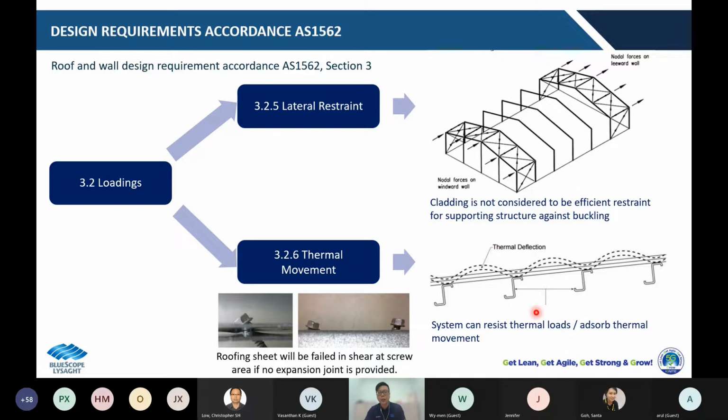So in other words, if you have an inlet area in the screw-fixed cladding, but it does not consider thermal movement, both sheets will move in different directions. Then you will have a shear failure in the screw area, or maybe you can call it bearing failure. So you will create a bigger hole at a particular position, which will lead to water leakage.